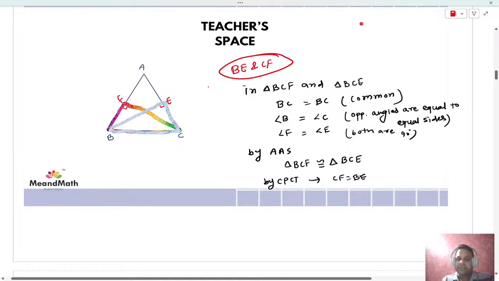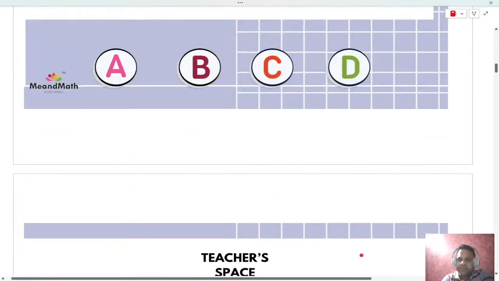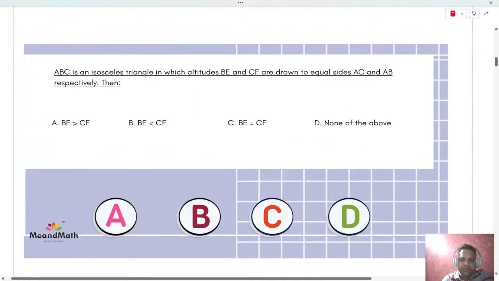Means both altitudes are equal. So BE is equal to CF. Done? Any other doubt? Which option is correct? Option C is the correct answer.